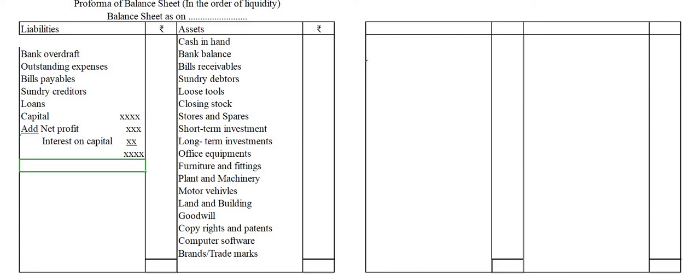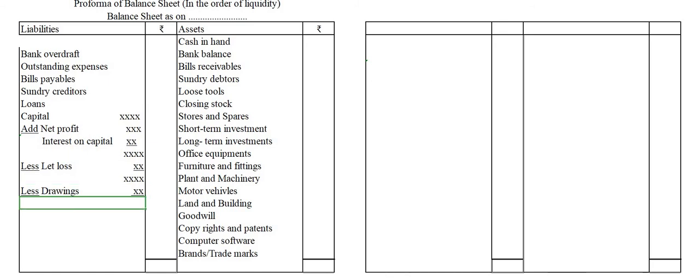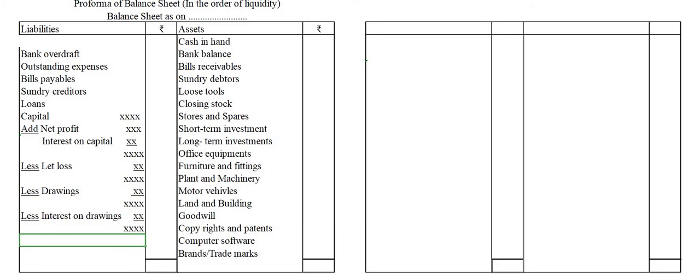Like net loss, if there is a net loss we can deduct that, then write the amount in the inner column, and from that amount we can deduct the drawings. After deducting the drawings, if there is interest on drawings, that also can be deducted. After that we write the amount in the inner column itself, and at last we will write the income tax. Income tax will be deducted from capital.